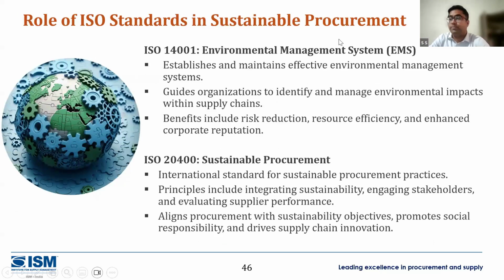Role of ISO. One of the most important global bodies. ISO 14001, ISO 20000, ISO 26000. These are all different standards which help us understand environment, understand sustainability, understand sustainable procurement. Tata Group, Mahindra, Infosys, Wipro, they're all part of ISO 20400.